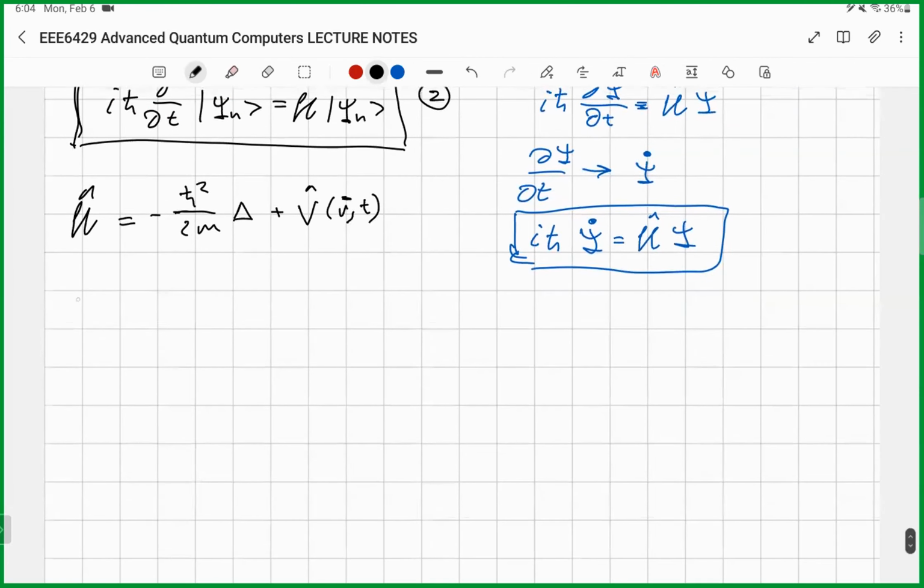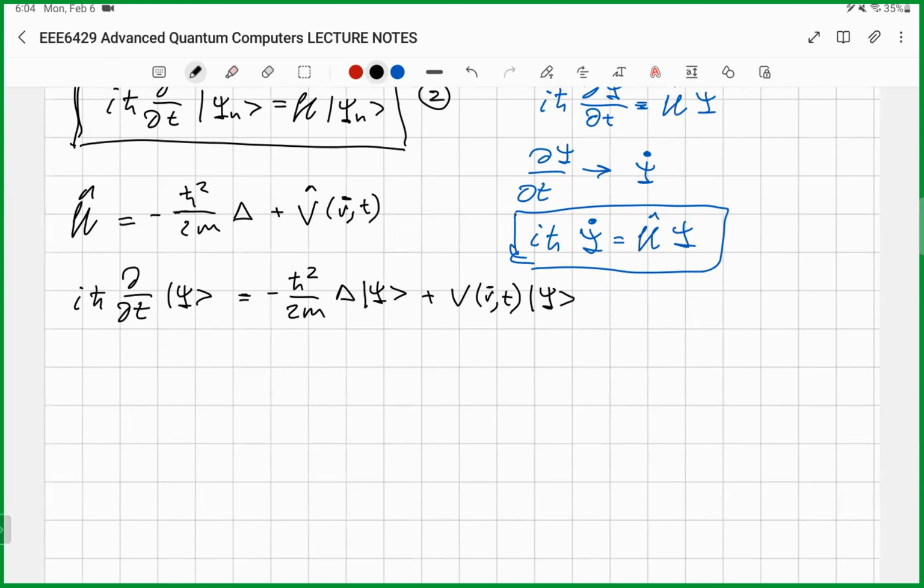So the result will be i h bar d over dt, the state psi, and it's equal to minus h bar squared over 2m Laplacian psi plus V(r,t) state psi.